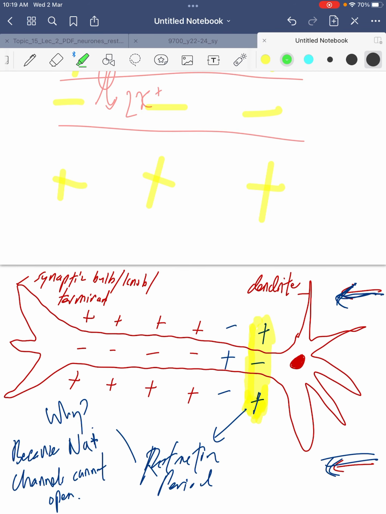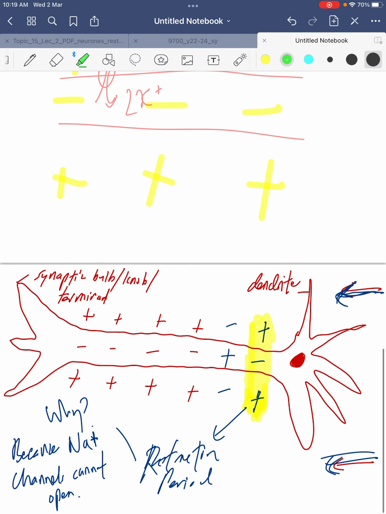The benefit of this refractory period is that it will limit the action potential that can be fired along this neuron per unit time. Because this was previously positive, now it will move to the next one. The next one is positive, and this is now going into refractory period.